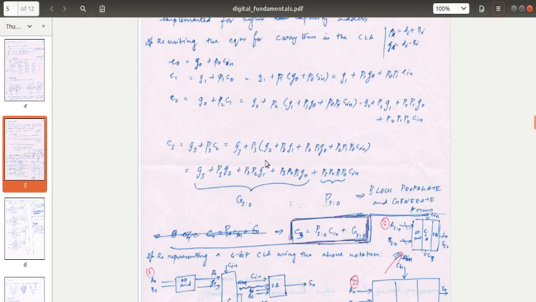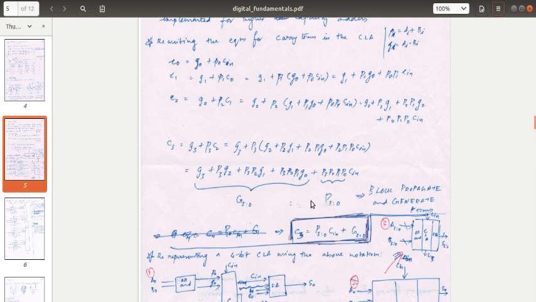You can verify these equations, and after doing all these processes, we come to this conclusion that C3 equals this much. And then again, as usual, whatever we are getting is a generate term or a propagate term and a carry term. So here it is a carry term. What is ANDed with the carry term will be the propagate term, and without the carry term, whatever is there will be the generate term.